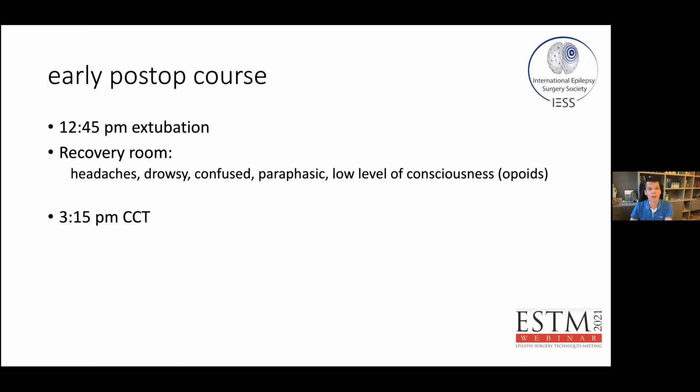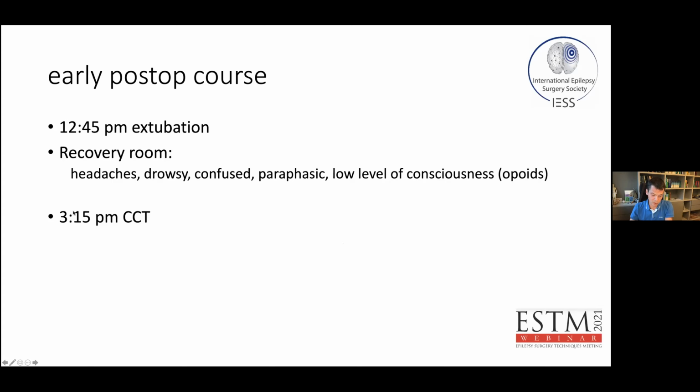She was complaining about headaches, was drowsy, confused, paraphasic, and had a low level of consciousness. But she was also given opioids, so the staff there was not that worried about her. But she continued to complain about her headaches, and the level of consciousness was decreasing.